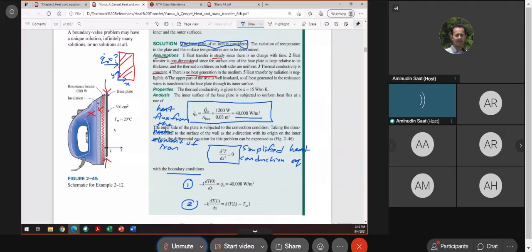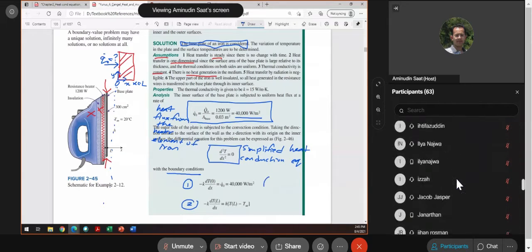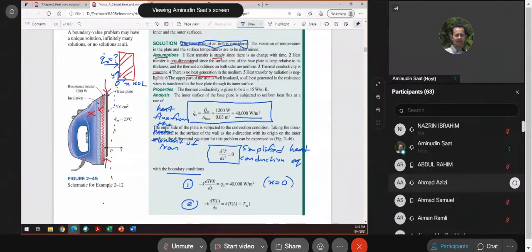So this is x equals 0, and this is x equals L. Because the left side is exposed to the heat flux, this is your boundary condition.